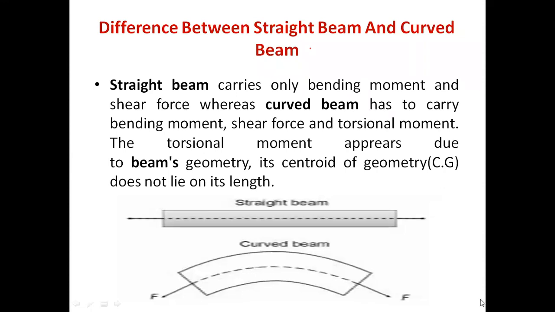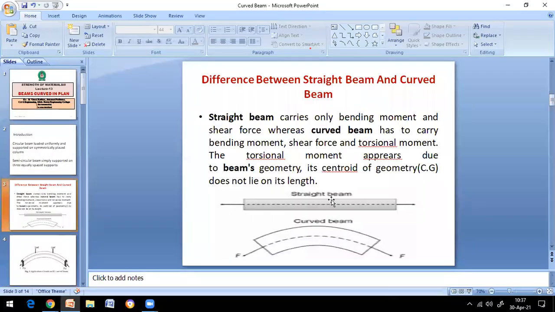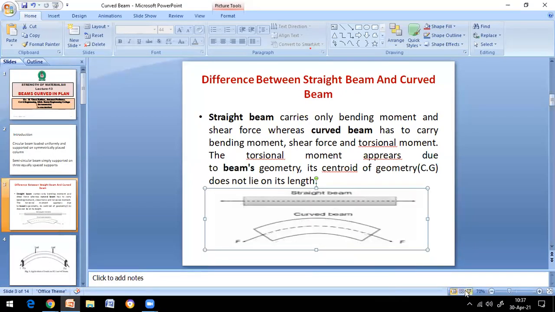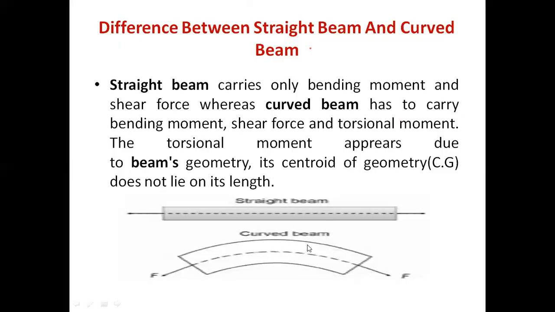In the curved beam, this is your neutral axis, and the centroid of this curved beam won't be the same. That means the centroidal axis and the neutral axis won't lie in the same plane.